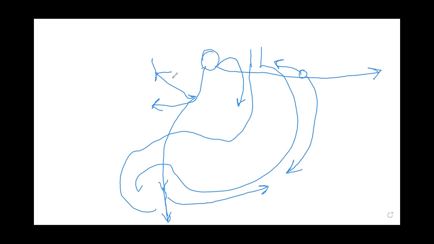The hepatic artery proper gives off the right gastric artery. So the stomach is richly vascularized from branches of several anastomoses coming from the celiac trunk.